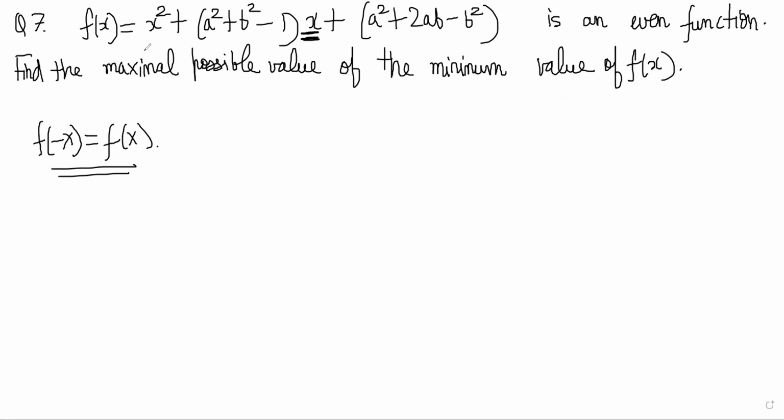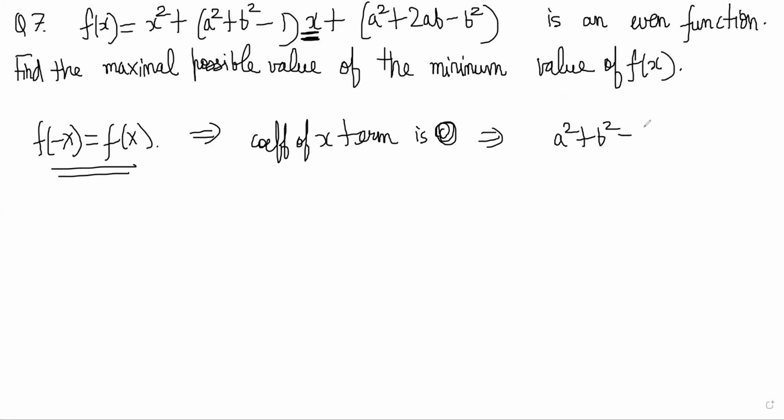You can have only even powers of x or constant terms. So just the fact that the function is even implies that the coefficient of the x term is 0, which implies that a square plus b square is equal to 1, right? Just because the function is even, we know that a square plus b square is equal to 1.